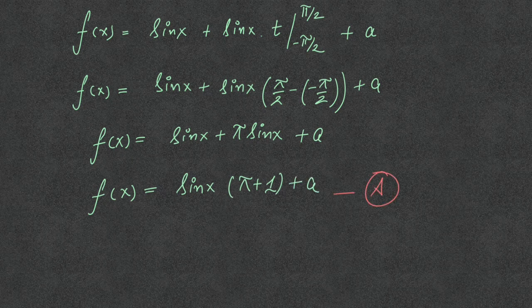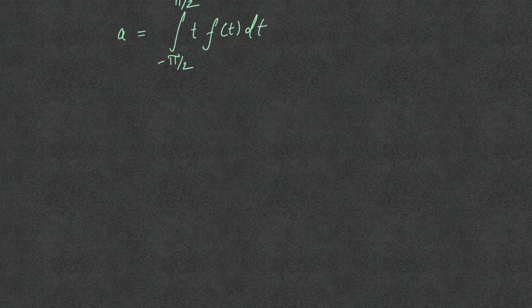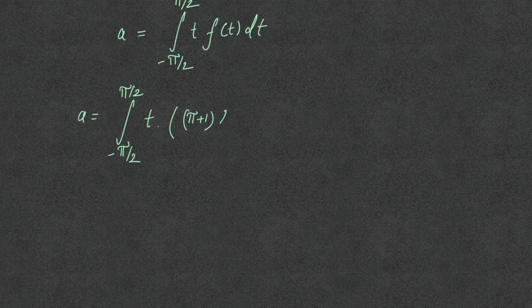Assume this equation as equation A. Since we assumed that a is equal to integration from minus pi by 2 to plus pi by 2 of t f(t) dt, a is equal to integration from minus pi by 2 to plus pi by 2 of t into, instead of f(t), I'll write (pi plus 1) into sine of t plus a, with respect to dt.